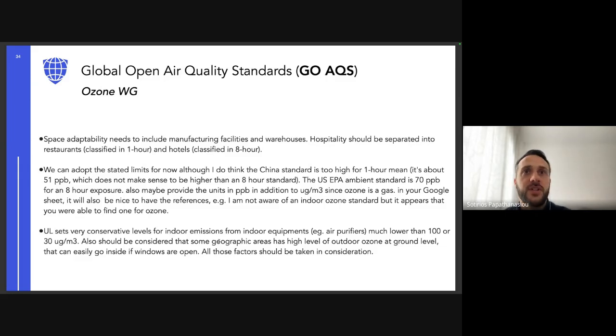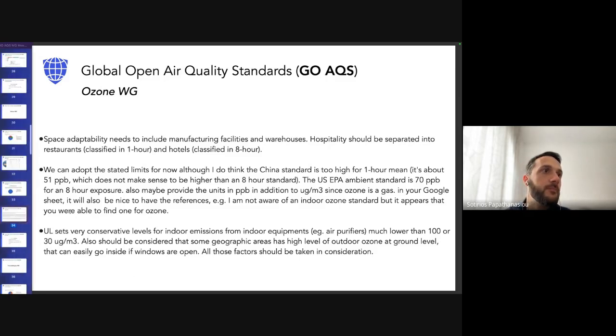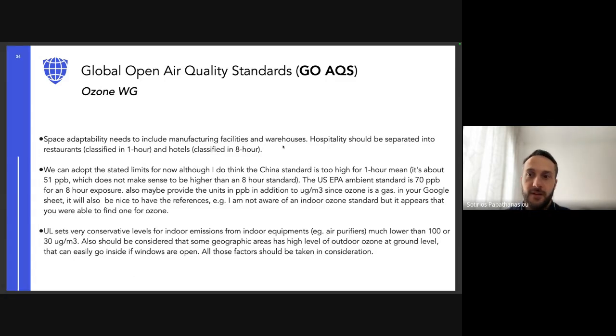Also we should be considering that some geographic areas have a high level of outdoor ozone at ground level that can easily go inside through windows and openings. All of those factors are taken into consideration. Yes. Does anyone have any comment about those comments? I think we discussed them already.